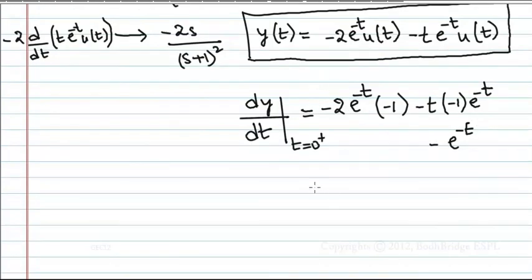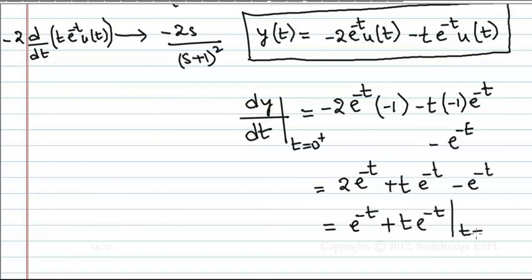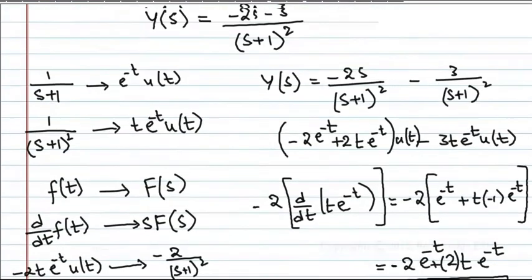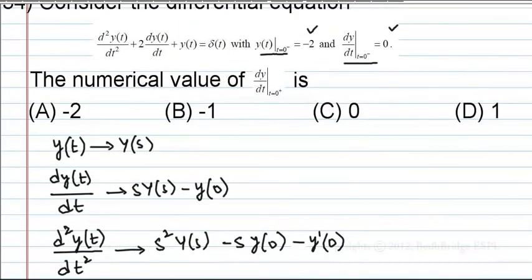U of t is just saying it is greater than 0; only after greater than 0 it exists. This is what we have to find. I have just differentiated and simplified it. Therefore it gives 1, and the other term is 0. Therefore dy by dt at t equal to 0 plus is 1. Therefore D is the correct option.